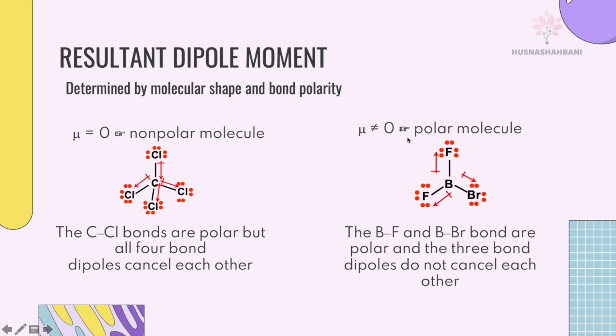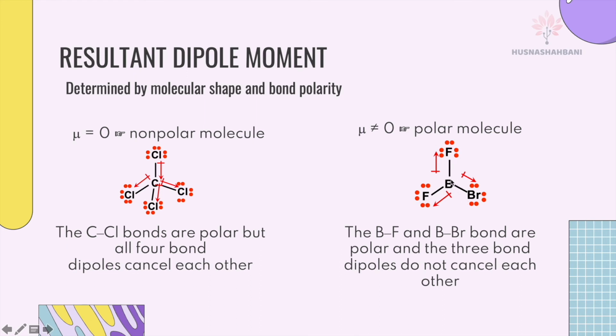So this is a polar molecule. The B-F and B-Br bonds are polar, and the three bond dipoles do not cancel each other because the electronegativity difference values of B and F, and B and Br are different. The electronegativity difference of B and F here and B and F here are the same because it's B-F, so their electronegativity differences are the same.